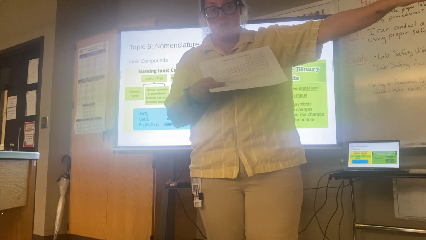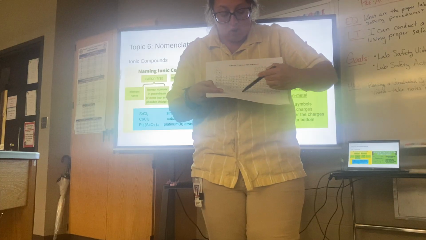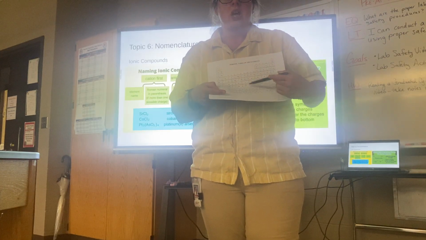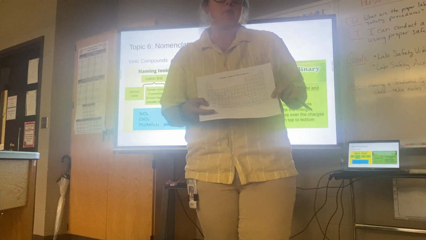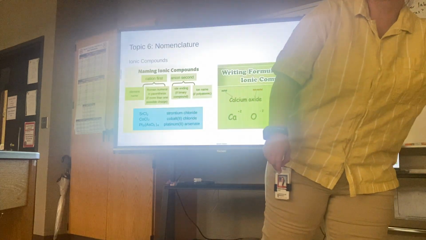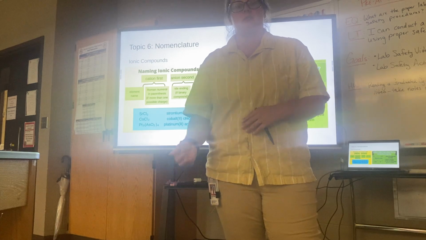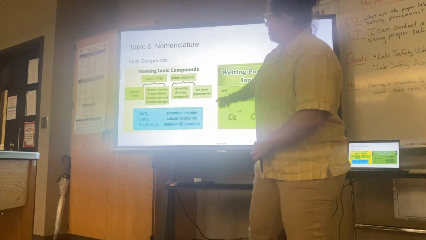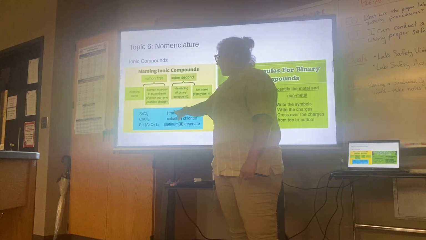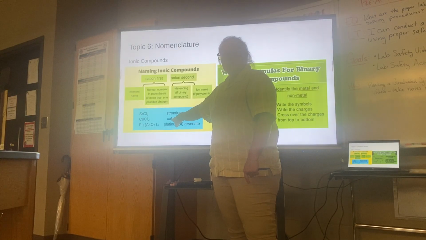These are called transition metals, and the reason they're called transition metals is because their charge can change. They don't have a set charge like other metals and nonmetals. So we use the Roman numeral to represent what that thing's charge is.